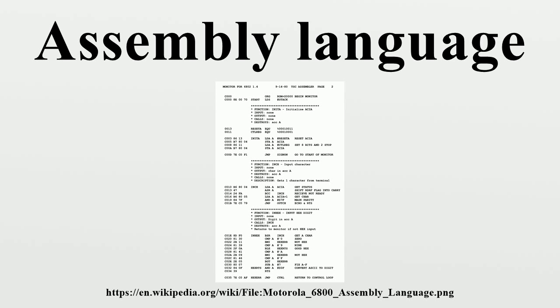The binary code for this instruction is 10110 followed by a 3-bit identifier for which register to use. The identifier for the AL register is 000, so the following machine code loads the AL register with the data 01100001: 10110000 01100001.